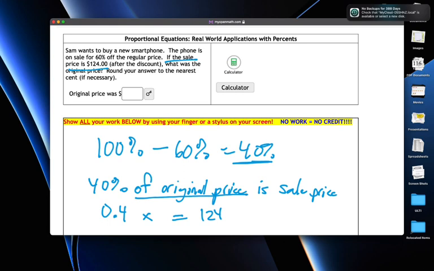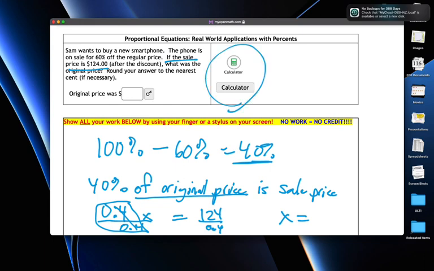So we could use that very simple one-step equation to figure out the original price. If we divide both sides by 0.4, we've got our one that we were trying to make right there. And so we now try and figure out what 124 divided by 0.4 is.